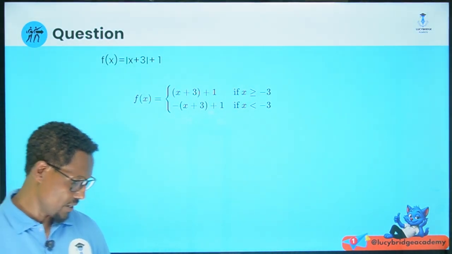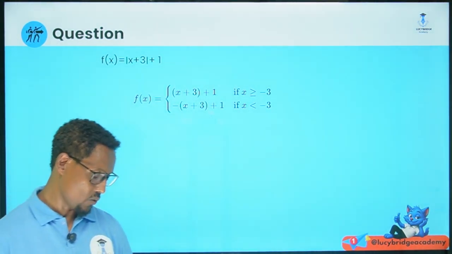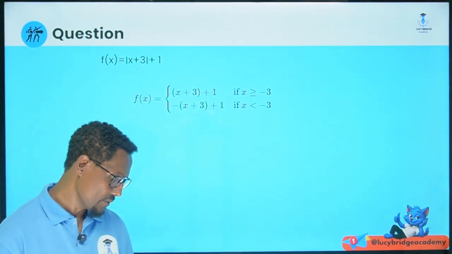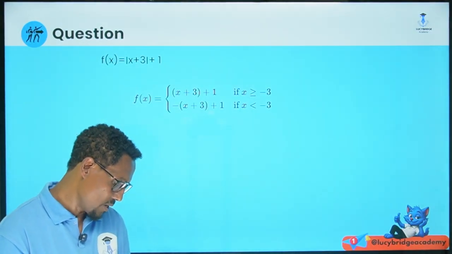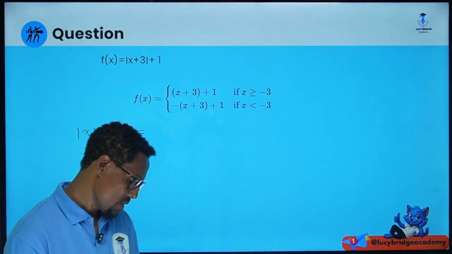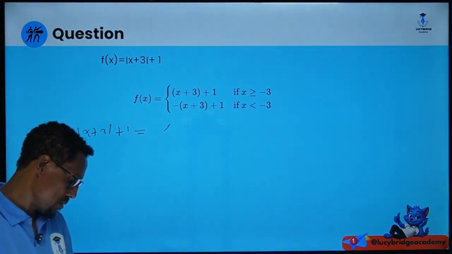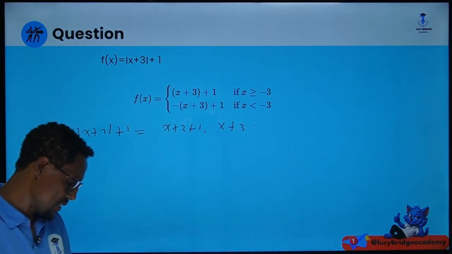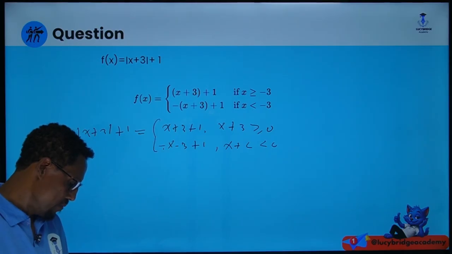Next, f of x equals the absolute value of x plus 3 plus 1. What will this be? The absolute value of x plus 3 plus 1 is equal to x plus 3 plus 1 if x plus 3 is greater than or equal to 0, and minus x minus 3 plus 1 if x plus 3 is less than 0.